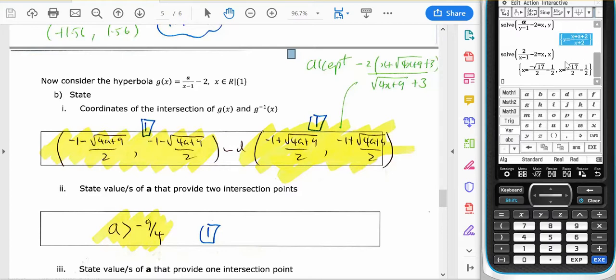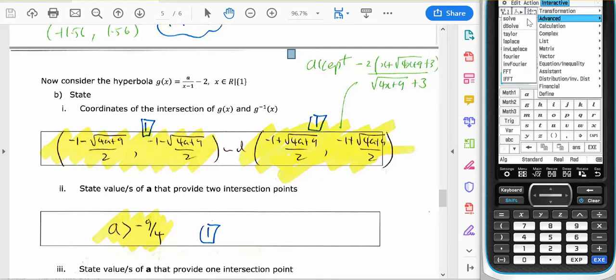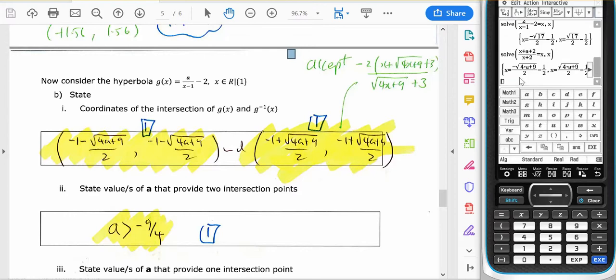And I'm finding the coordinates where the inverse, so if I take the inverse and I set that equal to x and solve for x, I get these two expressions. So these are my x-intercepts. It's -1/2 minus the square root of 4a plus 9 on 2, and plus.